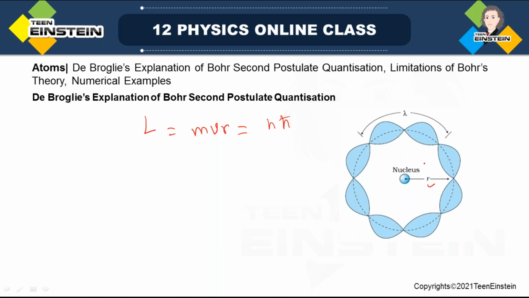Now let us see. According to de-Broglie's hypothesis, this electron, which is revolving around the nucleus in this circular orbit, is also associated with wave character.